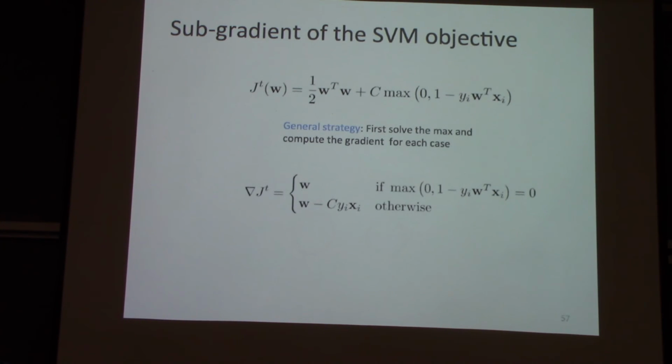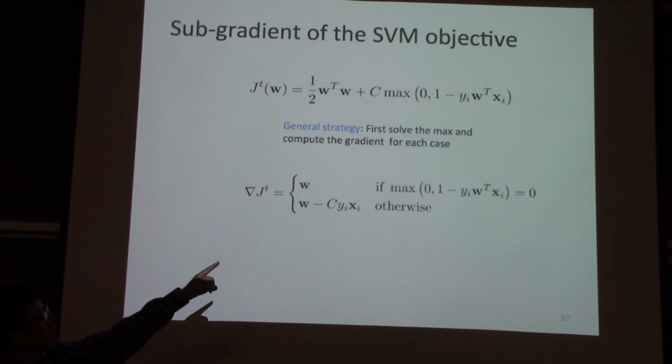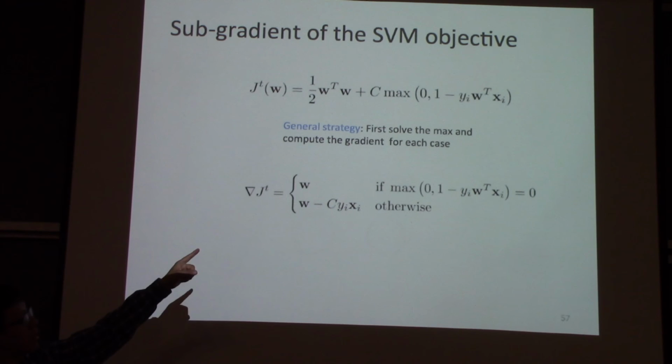So let's calculate the subgradient for the SVM objective. The first term is easy. The second term gives us trouble because we have a max function, and we consider two separate cases. If the max comes from 0, that means 1 minus y(w·x) is negative, so the max is just 0.